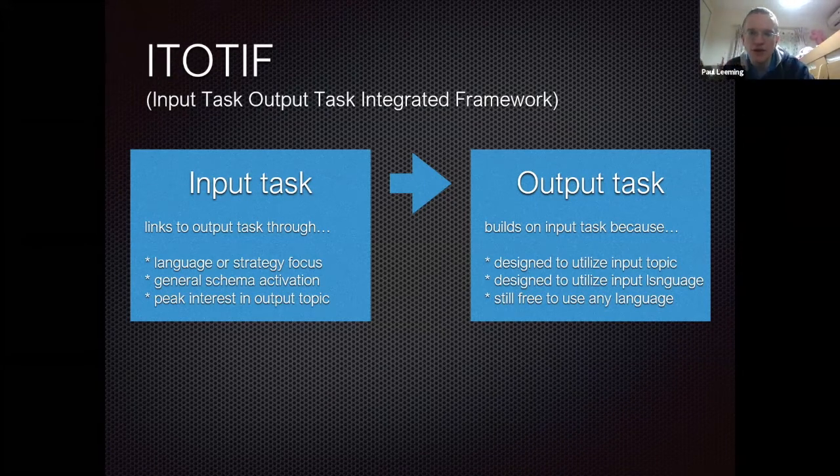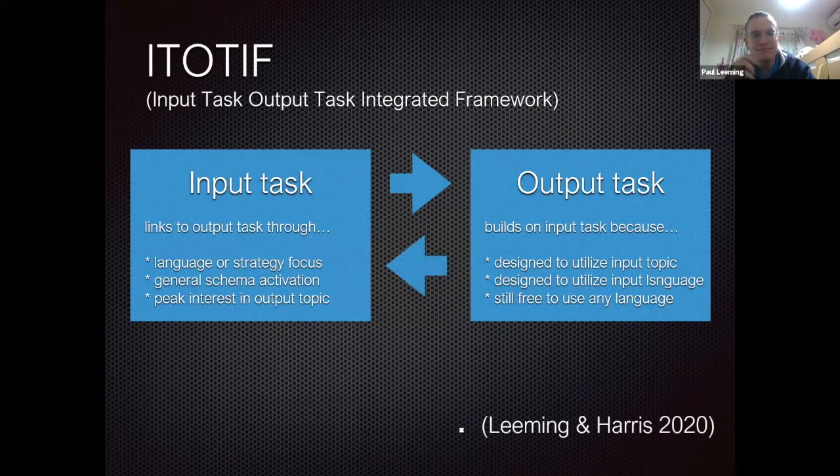So it builds on it because it uses the same topic. It uses the input language that you've given to the students already. But because it's task-based learning, they're still free to use any language that they decide to use. And it feeds back in, and it actually works in a cycle.